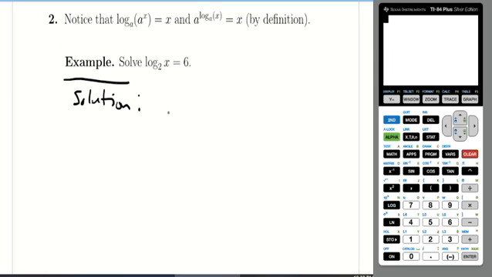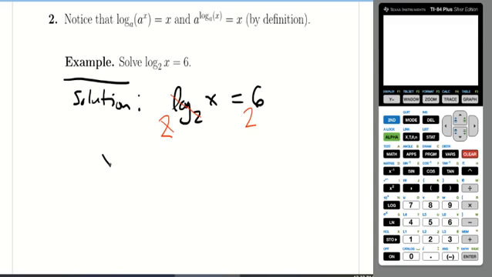If log base 2 of x is 6, one way to switch to exponential form is to put the base raised to the power of both sides, and you can see that the 2 and the log base 2 will cancel in some sense.